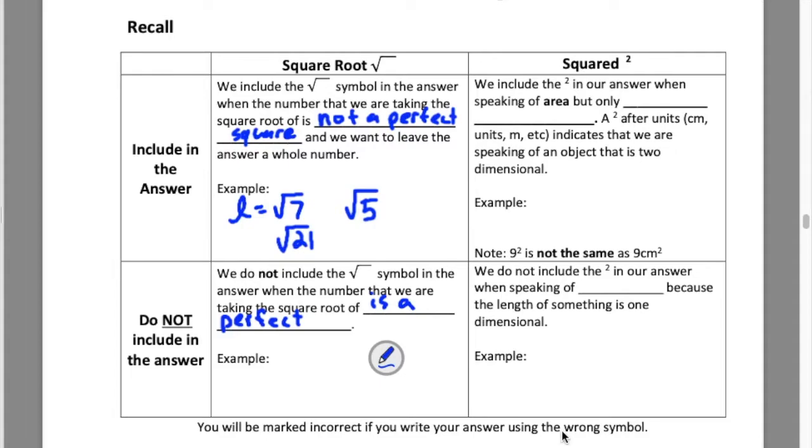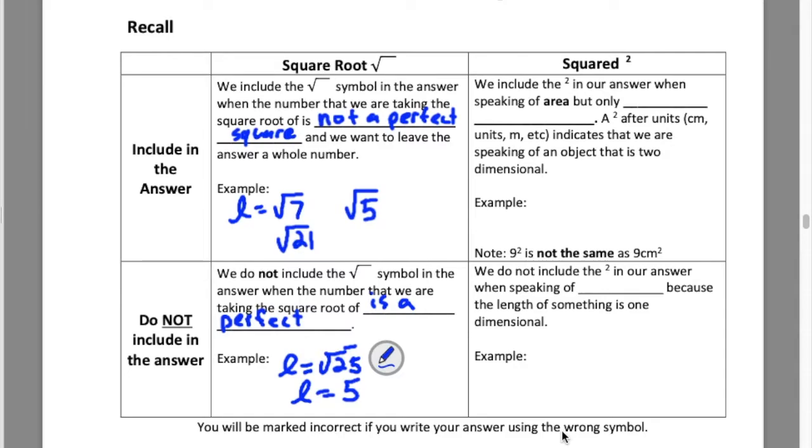So for example, if we had an answer that said the length was equal to the square root of 25, well, the number 25 is a perfect square because I know that 5 times 5 equals 25. So I would say my final answer equals 5. So when it is a perfect square, we solve the square root and we drop the square root symbol and write out the actual square root.